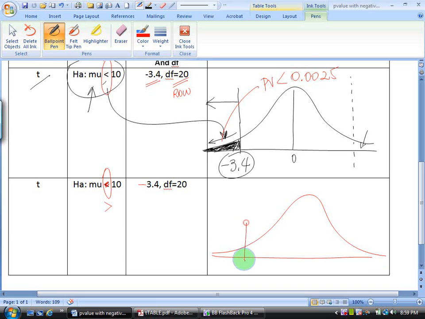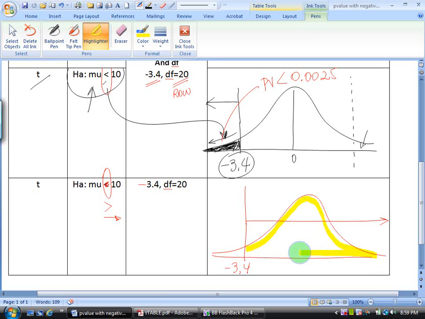I still have my minus 3.4, but note, HA says go that way. So if we look carefully now, we are going this way. So the p-value covers this whole area. The p-value is actually almost the whole shape.